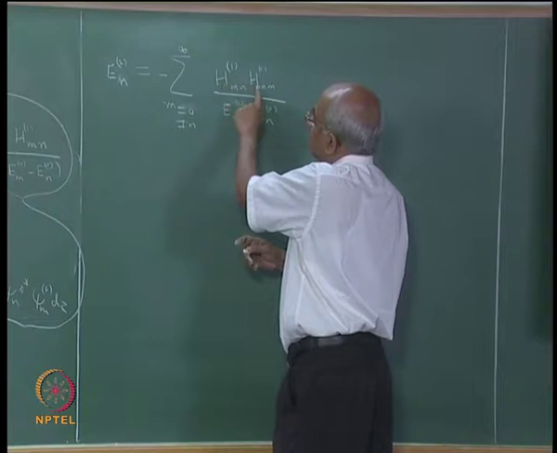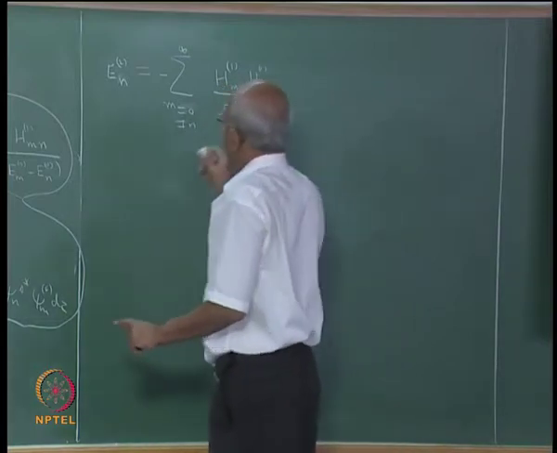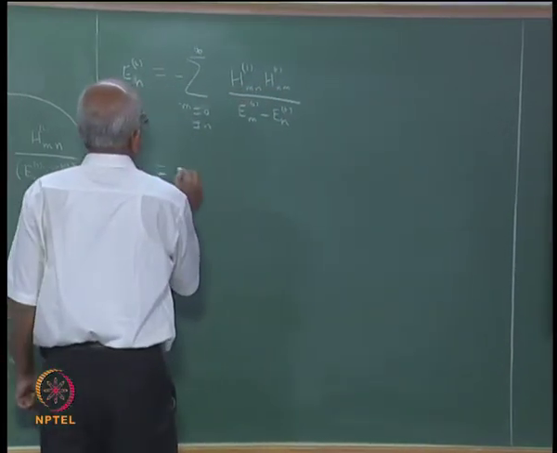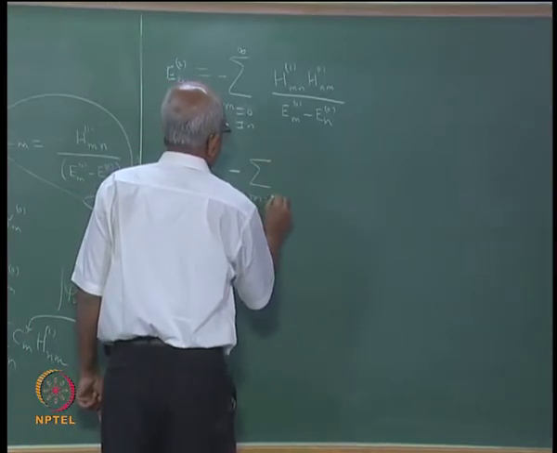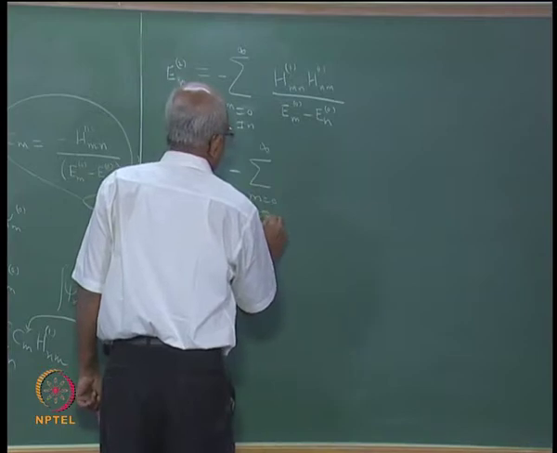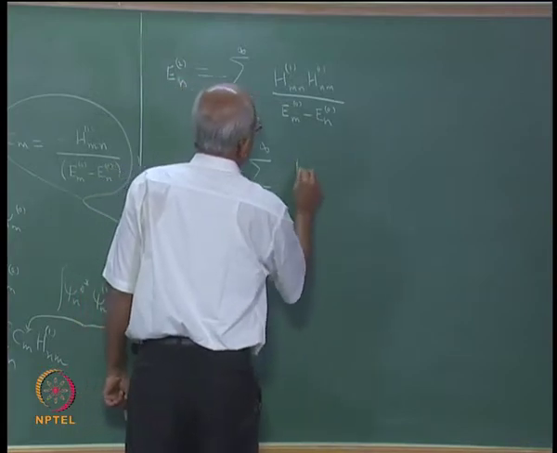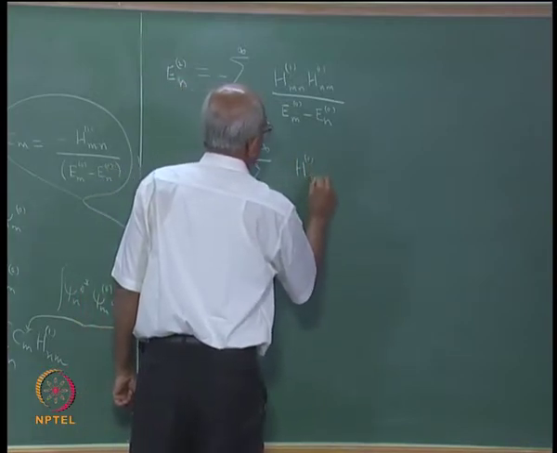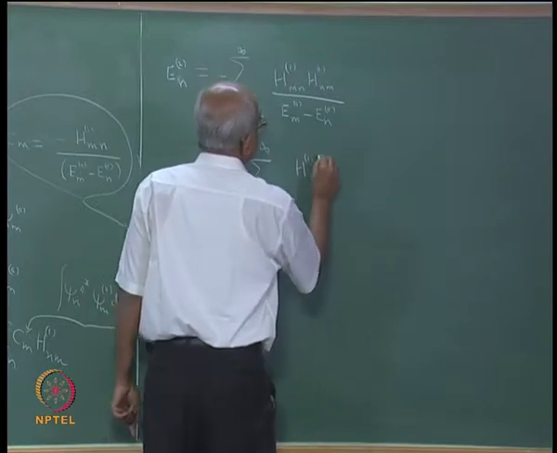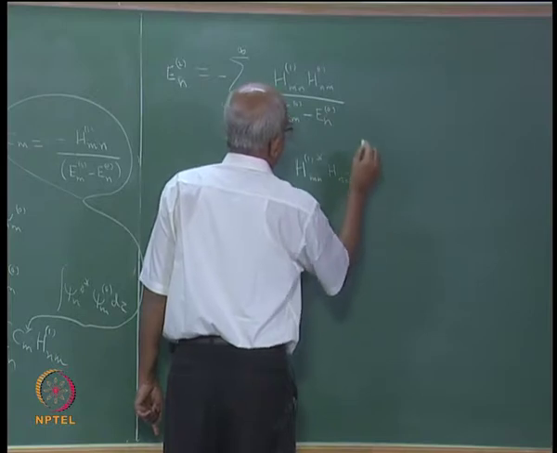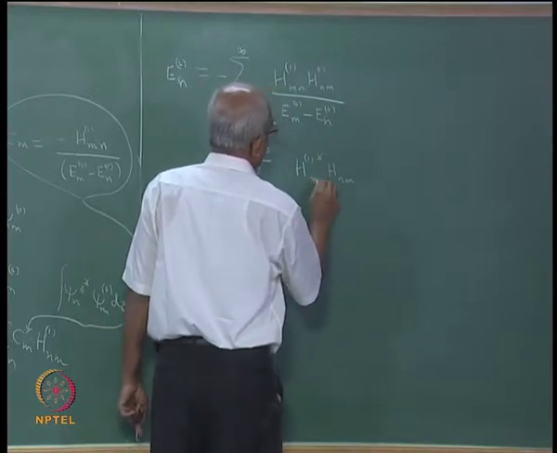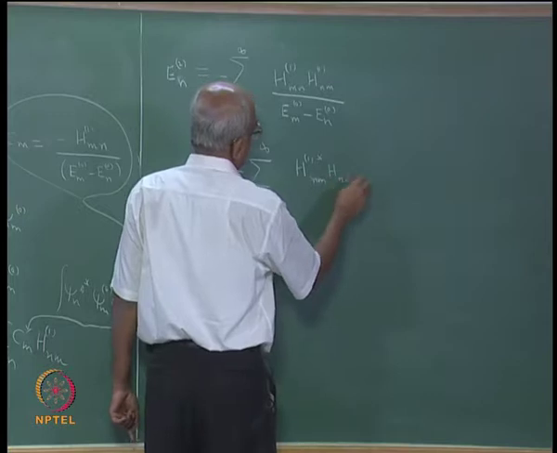All that happens is that this is the complex conjugate of that, and therefore this expression can be written as minus the sum over m from 0 to infinity, m not equal to n, of H1 mn star H1 nm. Now it is H1 nm star H1 nm.